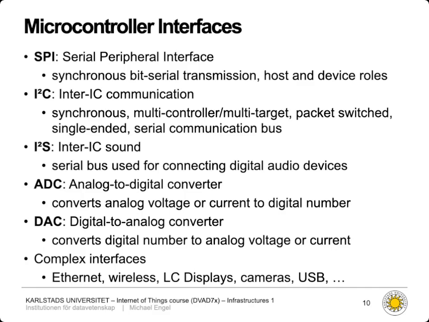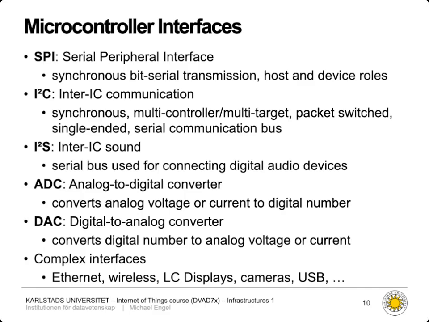We've already seen pulse width modulation. If we want a bit more precise analog voltage being generated, you have a DAC, or digital to analog converter. This takes a digital number from your microcontroller and then actually uses a circuit to convert this to an analog voltage. Usually you could also convert it to an analog current, depending on what you need.